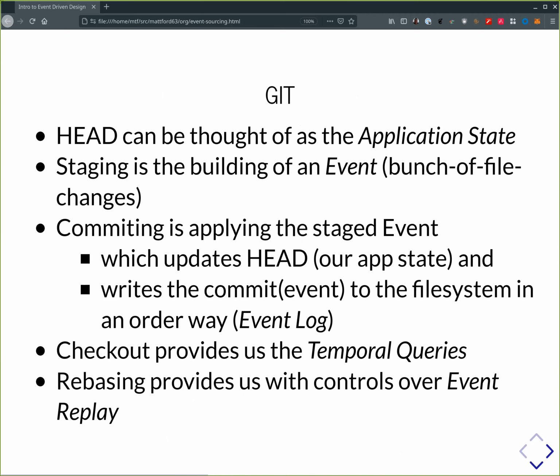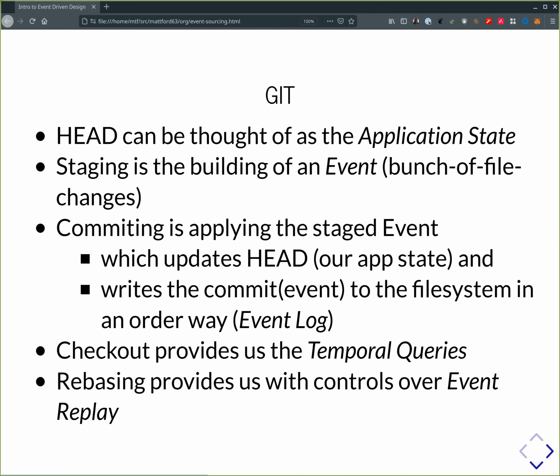If you think of the head of your Git repo as the application state, the current view of your files, then when you're editing files and adding stuff into staging, what you're actually doing at that point is building the event that, when you commit, is going to be pushed onto the event log. So conceptually, at least, Git works like an event sourcing system.